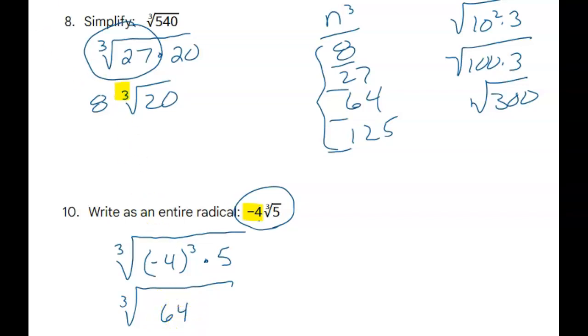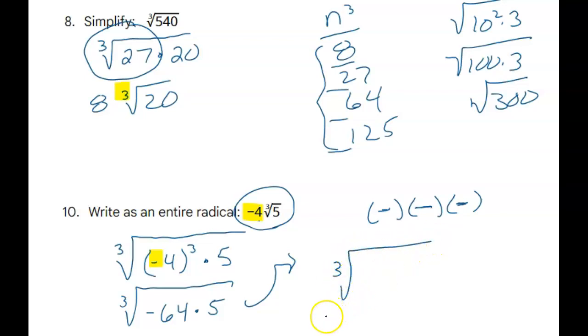And here's the part that students sometimes make mistakes on. You're cubing a negative. So that means a negative multiplied 3 times. A negative times a negative gives you a positive, times a negative again gives you a negative, times 5. So your final answer, and that negative, so 64 times 5, 320.